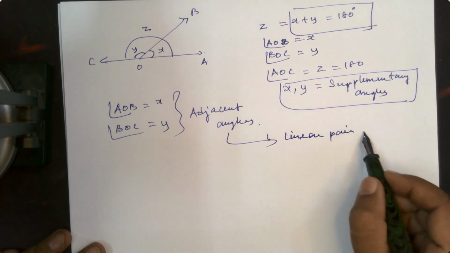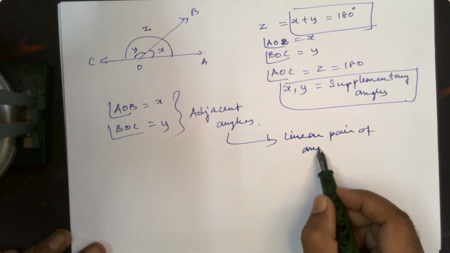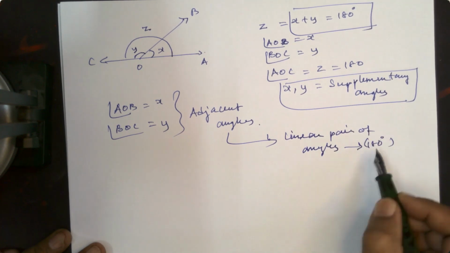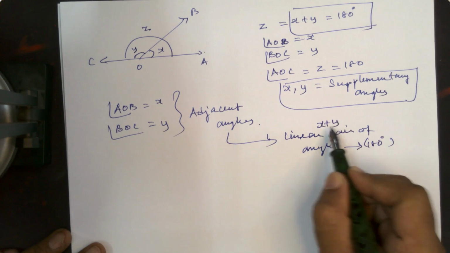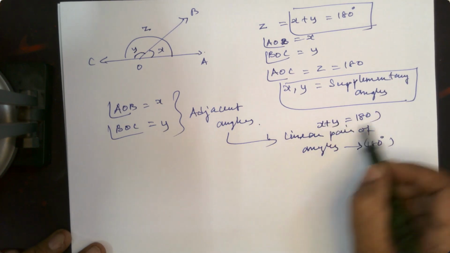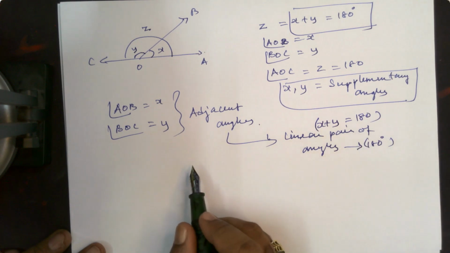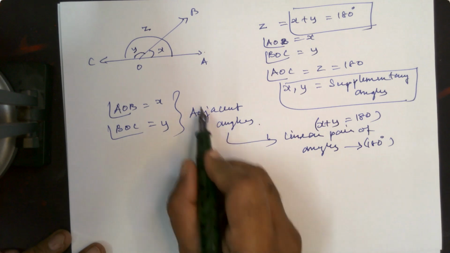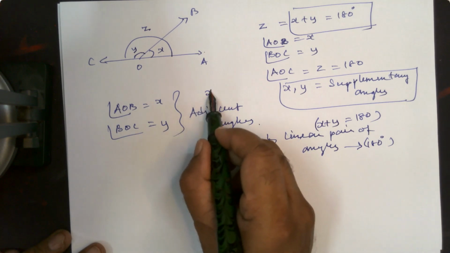Why? Because the sum of these leads to 180 degrees. So when x plus y is equal to 180 degrees, it can be called a linear pair of angles. When x plus y is less than 180 degrees, you can call it adjacent angles.